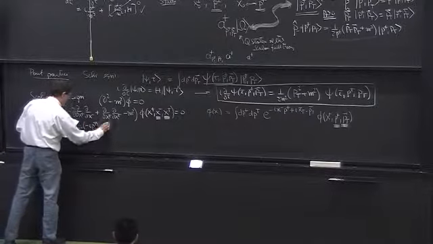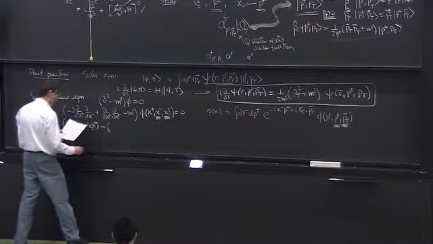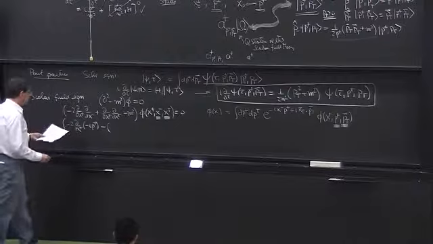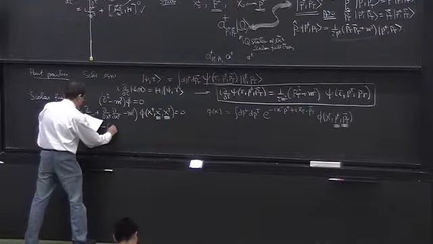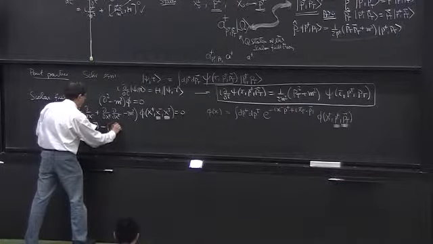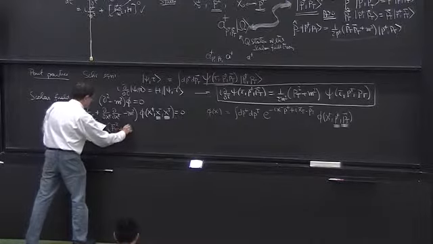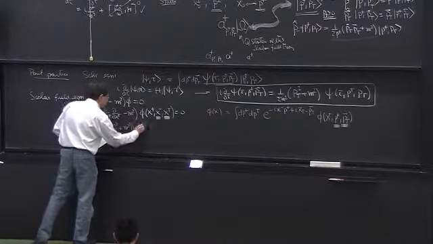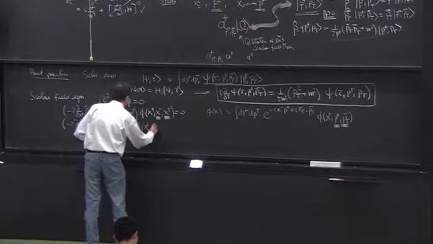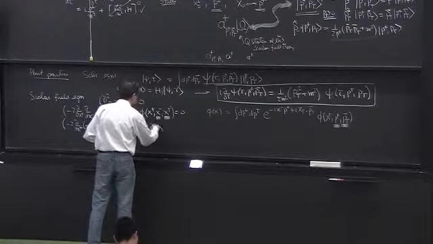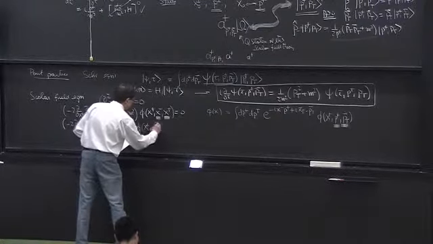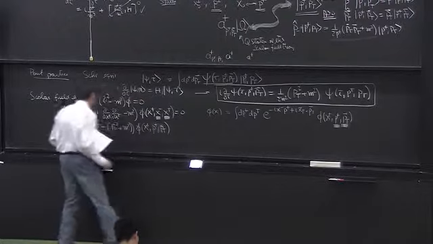In fact, I'm writing down a lot of details. d/dx transverse will give you p transverse squared plus m squared, phi of x plus, p plus and p transverse, I'm sorry.